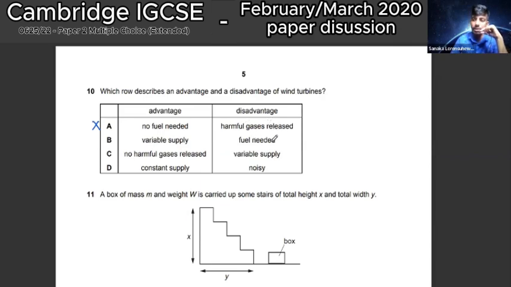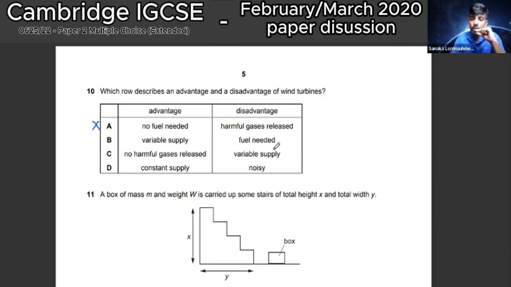Fuel needed is not a big disadvantage, since only a little fuel is needed. Noisy is not the main issue either.